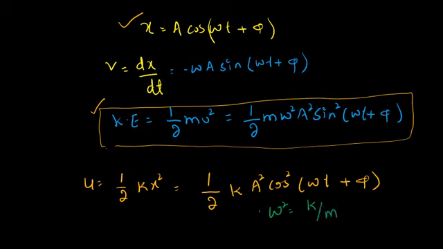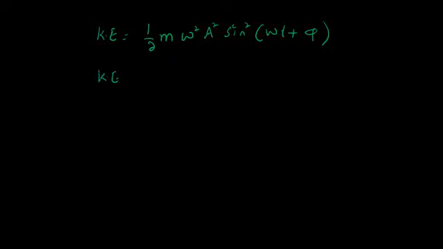When I put ω squared equal to k/m in the kinetic energy equation, kinetic energy is equal to 1/2 m ω squared A squared sin squared(ωt + φ), which becomes 1/2 k A squared sin squared(ωt + φ).